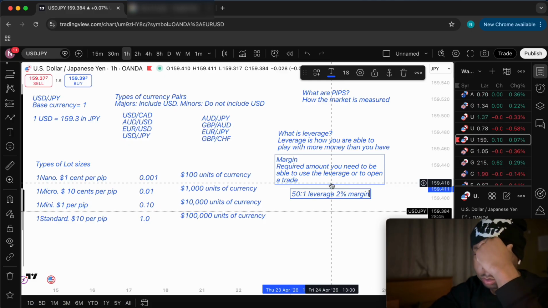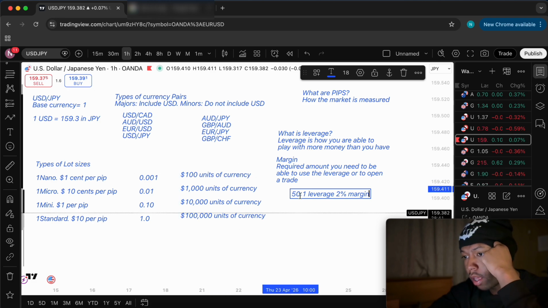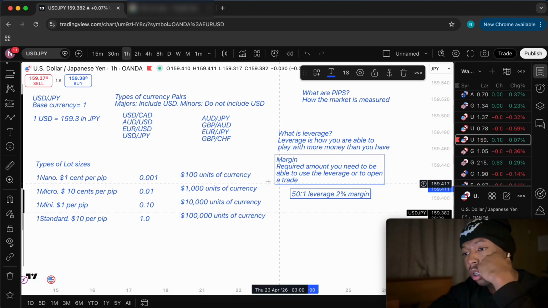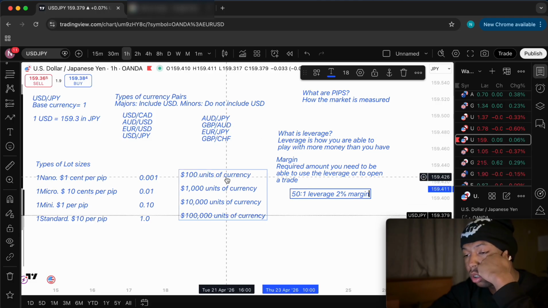So, say you want to open a trade of 100 units of currency, right? And it's a 50-to-1 leverage. All this means is that for every $100 that you put into your account, you're able to control 5,000 units of currency. Okay.